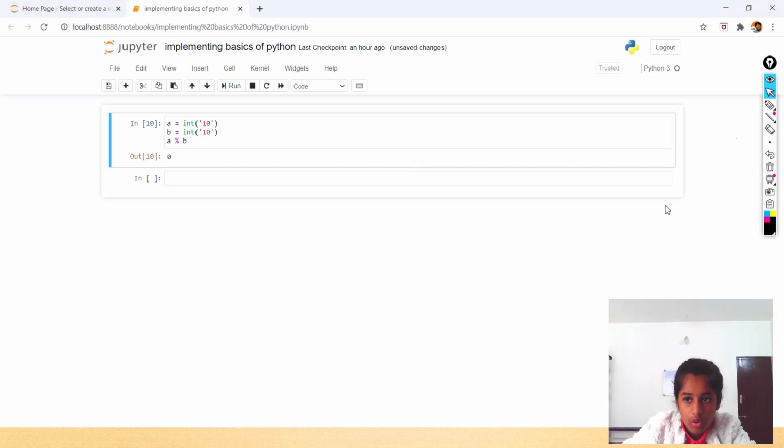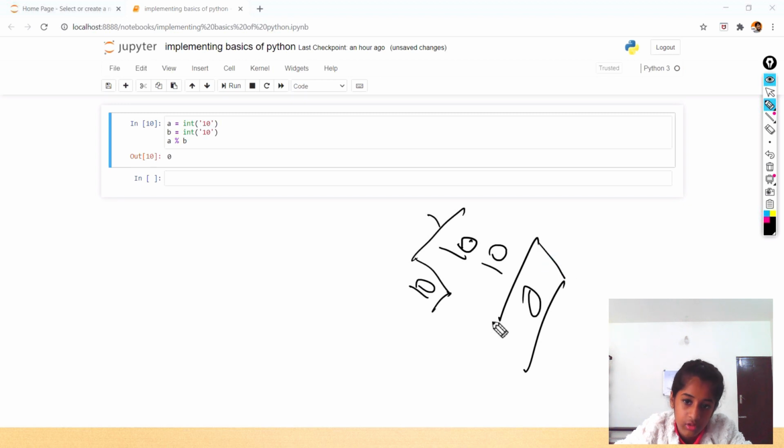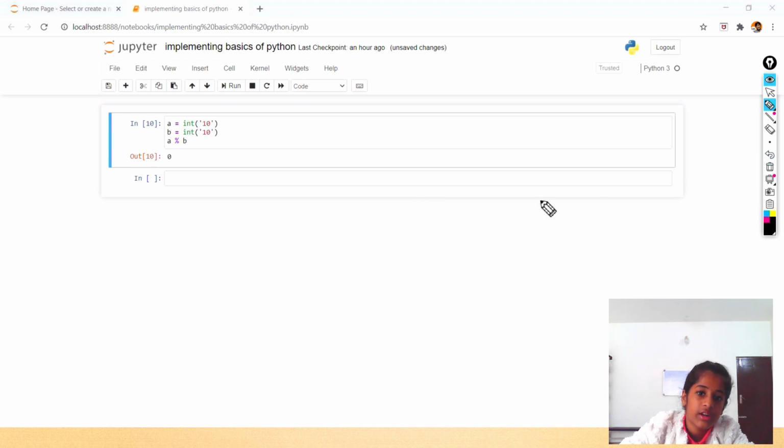Modulo is basically the remainder that you get. Let me show you: 10 divided by 10 gives 1 and the remainder is 0. This remainder is called the modulo. And the division is going to be this one; when you divide, you're going to get this. Now let's try the square one.